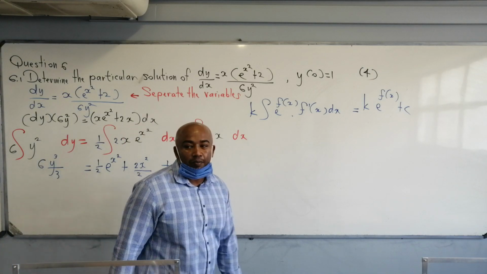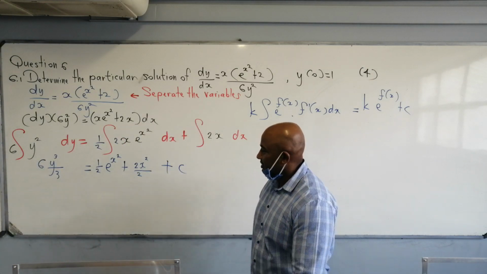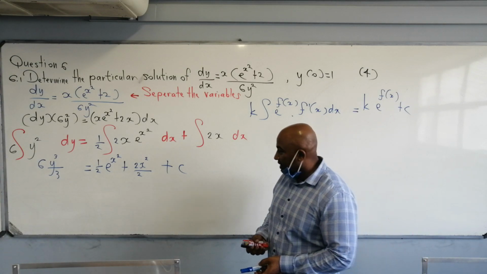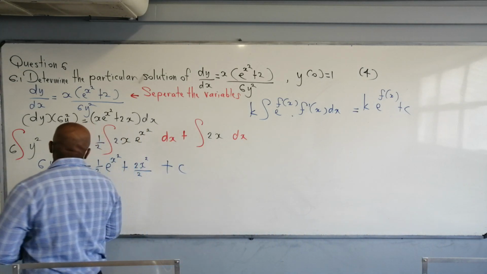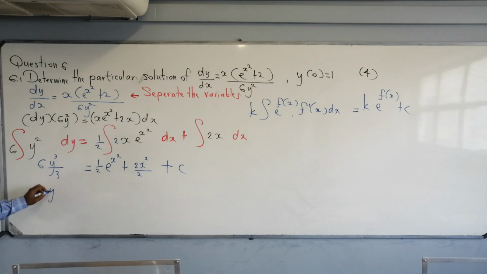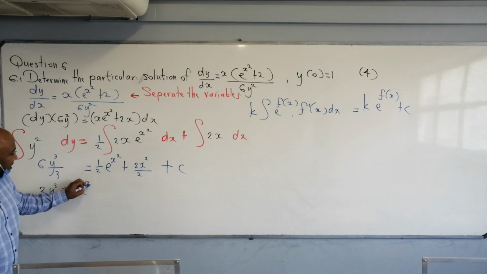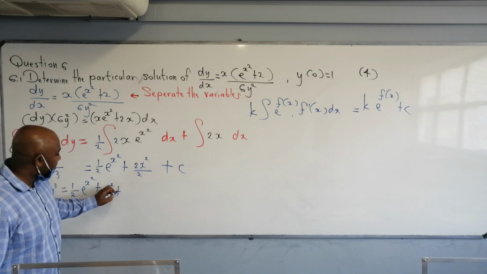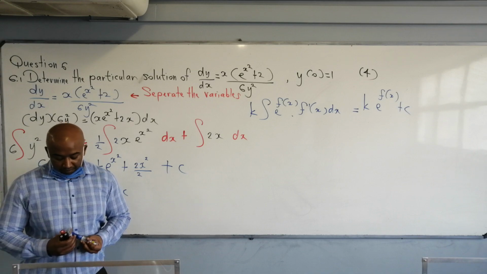And you only put down plus c on one side. Don't put down plus c on both sides. It's unnecessary. So we're done. It's just a simplification now. 6 divided by 3 is 2, so 2y cubed is equal to half times e to the power x squared plus x squared plus c.